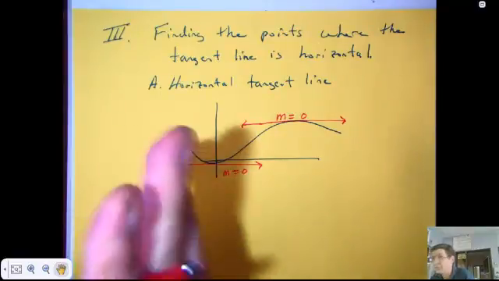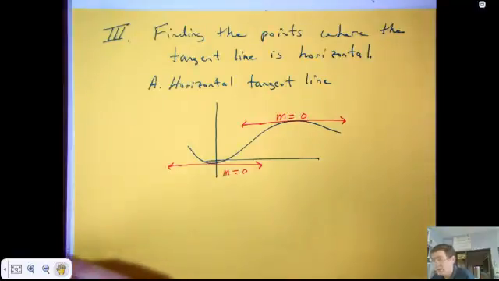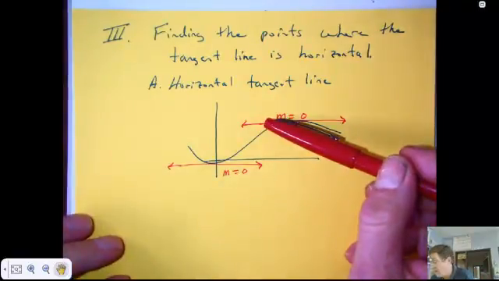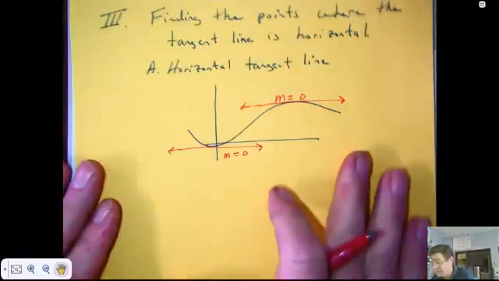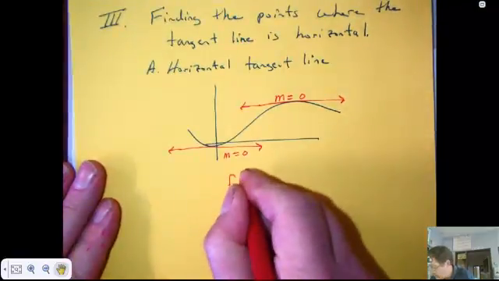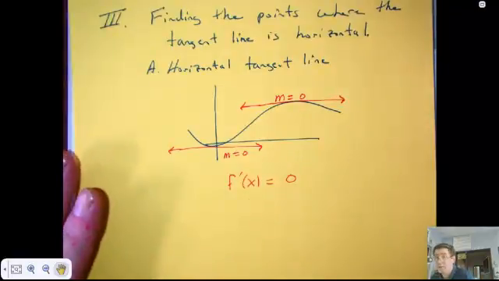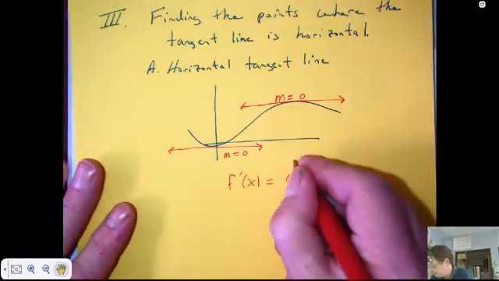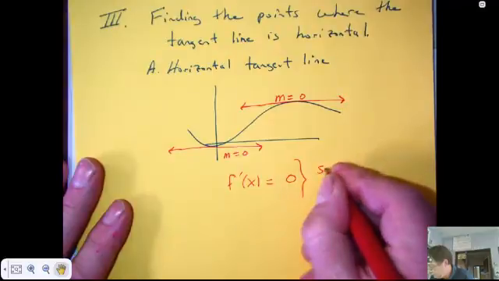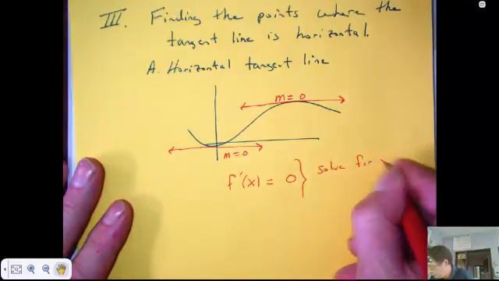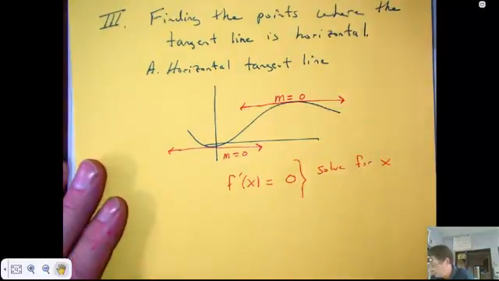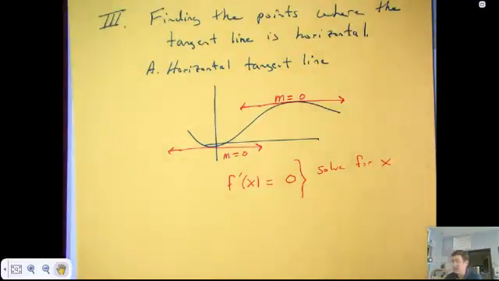So since the derivative is equal to the slope, to find out where these occur, all we have to do is take the derivative, set it equal to 0, and then solve for x. Very important, because there's a lot of important things we can find in those locations.